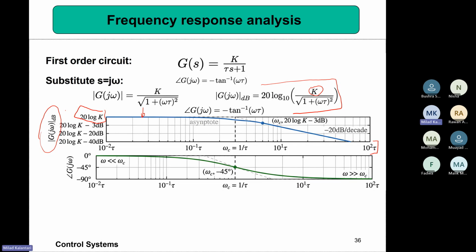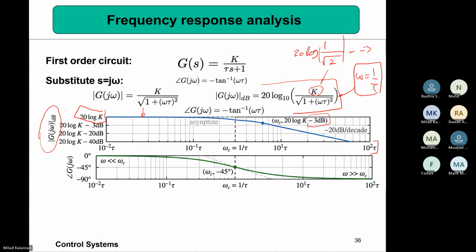And when omega is at the position of the pole, meaning omega is 1 over tau, for the first order this value will always be negative 3 dB, I mean 20 log k minus 3. The 3 is because if you put the omega of 1 over tau in here, you will have square root of 2, and 20 log of this will be negative 3.